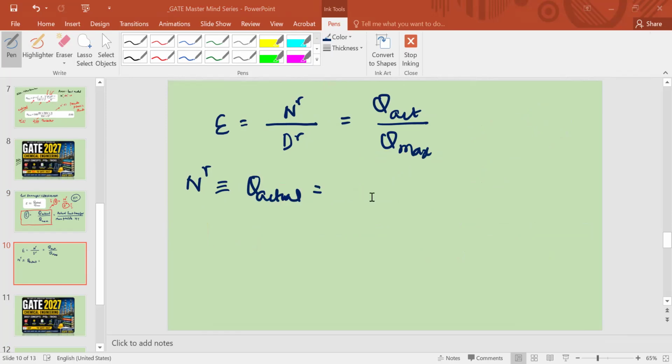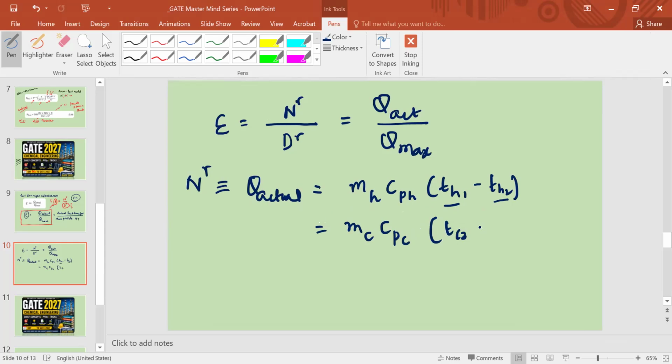If I write it with respect to the hot fluid, it is MH CPH into TH1 minus TH2. What does it mean? Hot fluid inlet temperature will be more than the outlet, so definitely this is written like this. This also can be written as MC CPC into TC2 minus TC1. I think you know why we are writing like this, right?